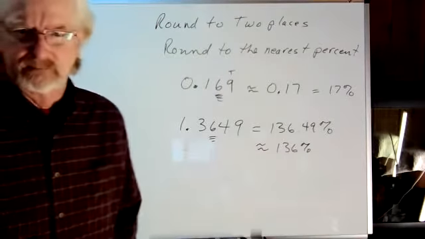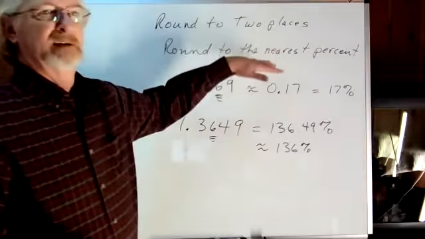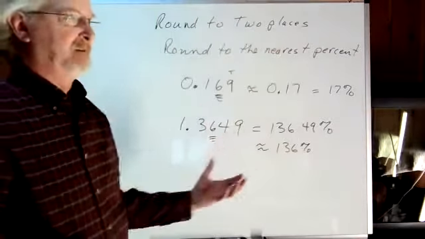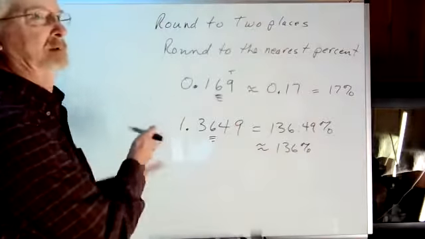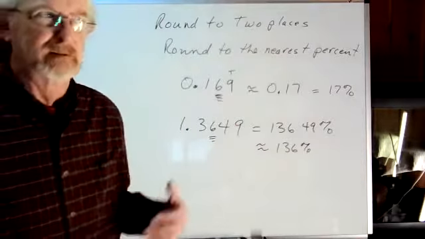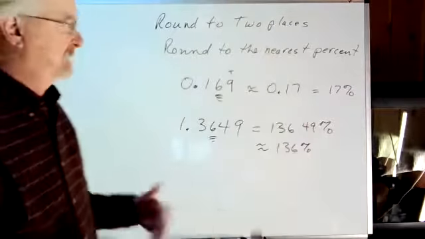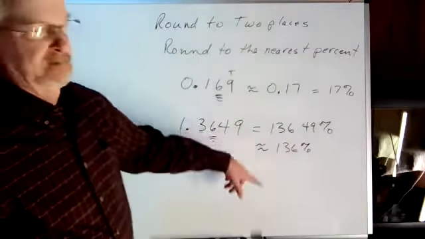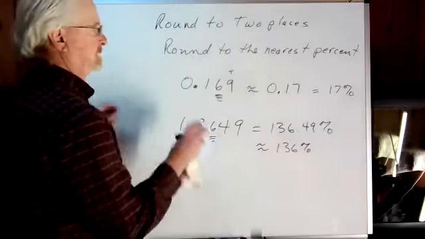I hope that I didn't make that confusing, but just be careful if you're rounding it to the nearest percent that you don't try to round your original decimal to, say, a whole number. You've got to wait and turn it into the percent and round the percent value. But just reviewing the rounding rules a little bit. Okay.